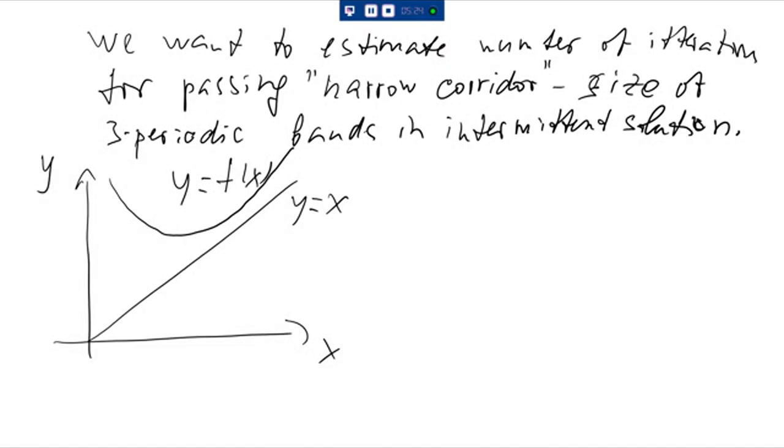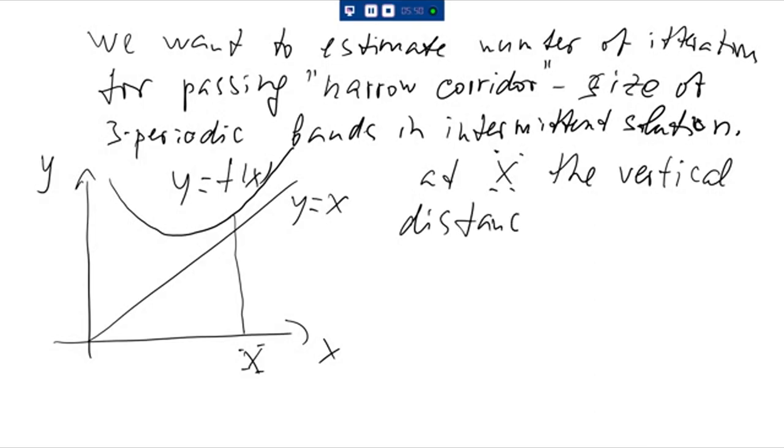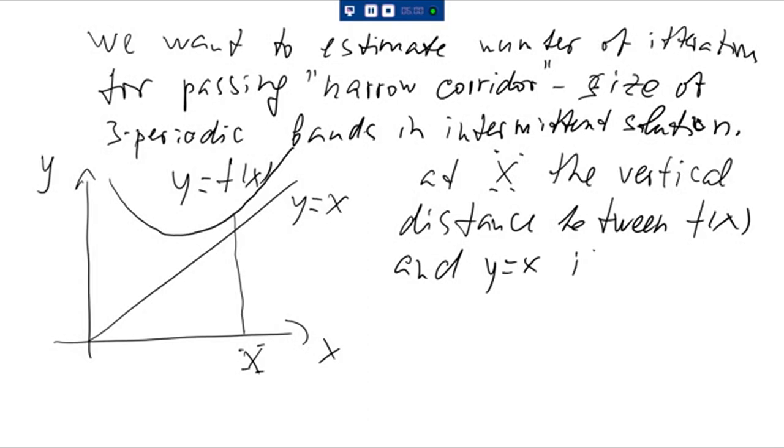So what we want to do, let's find a point here. I will call it x capital. And at x capital, the vertical distance between f of x and y equal to x is shortest.